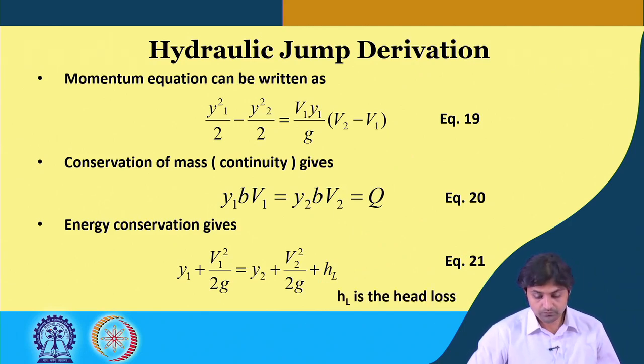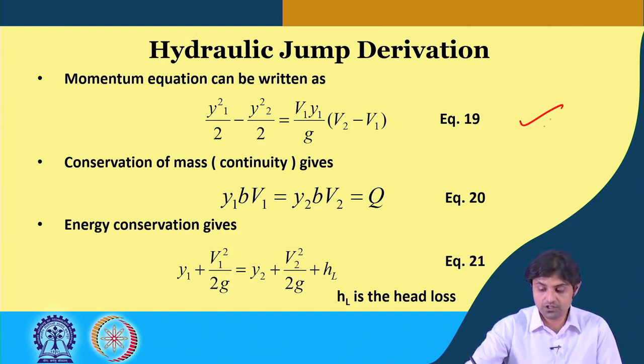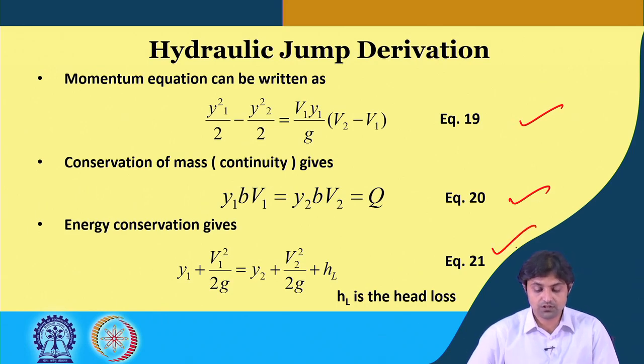As I told, HL is the head loss. So, we have one equation, two equations and three equations. We have to solve these so that we get some definitive results for y2 and y1.